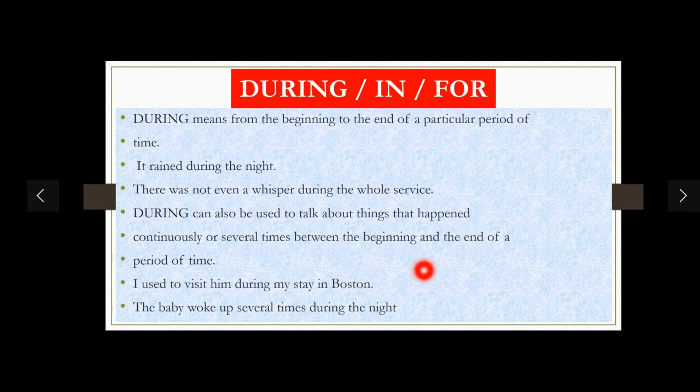So something happened continuously during a particular period of time. Now the baby woke up several times during the night. Between when the night began and when the night ended, something happened several times, and that was the baby woke up.